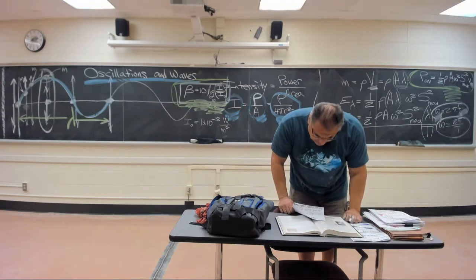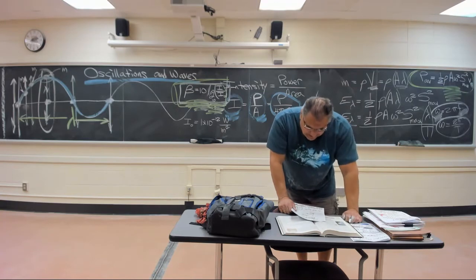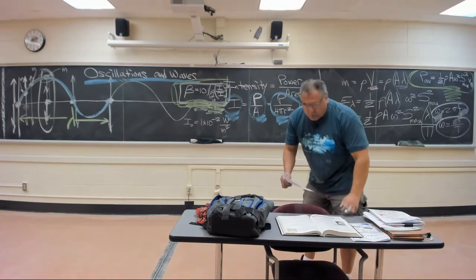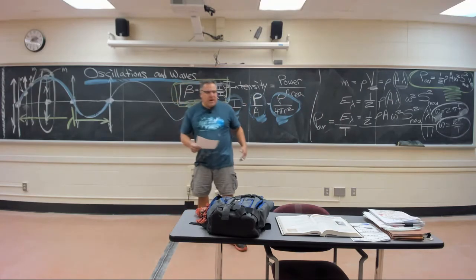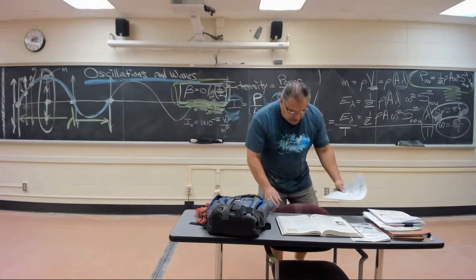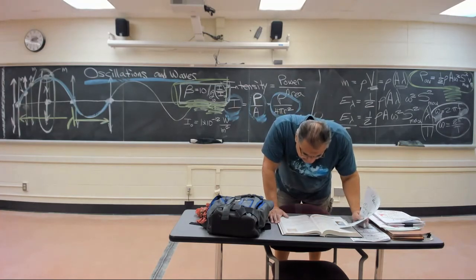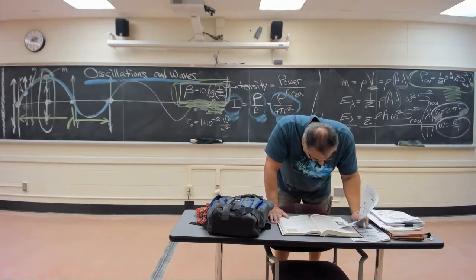Okay. Now, I'm about to tell you about this thing called refraction, how a sound wave can be bent, or how any sort of wave can be bent, I guess you could say.